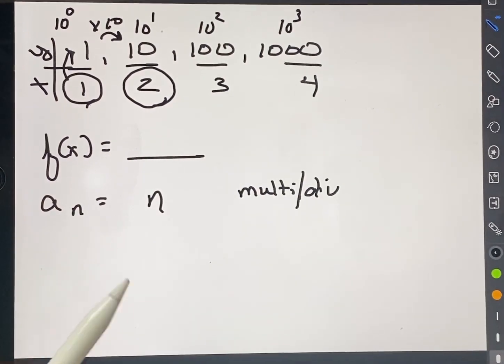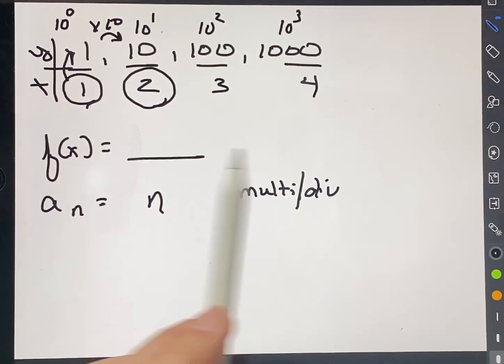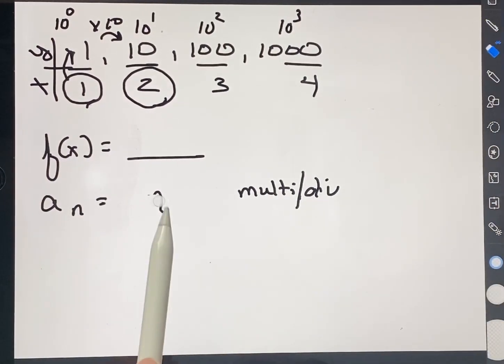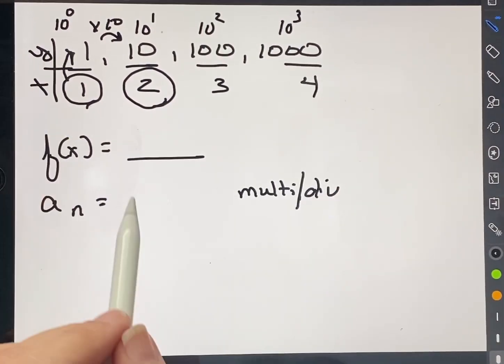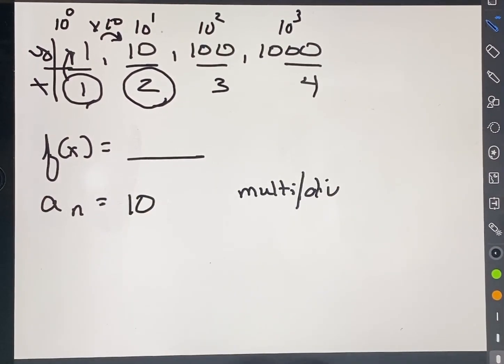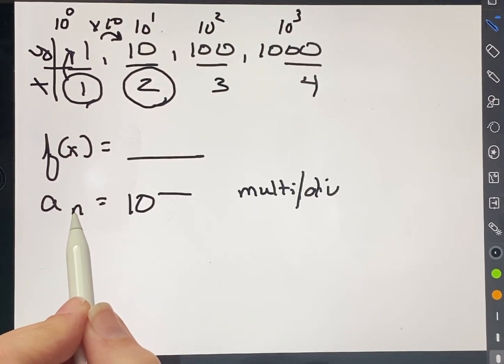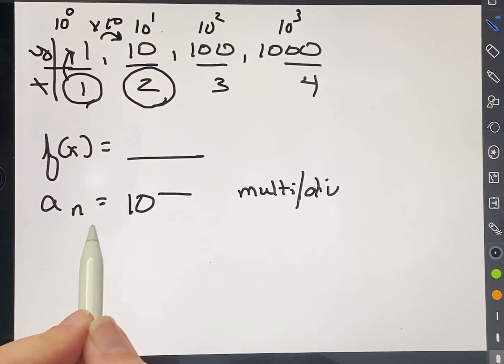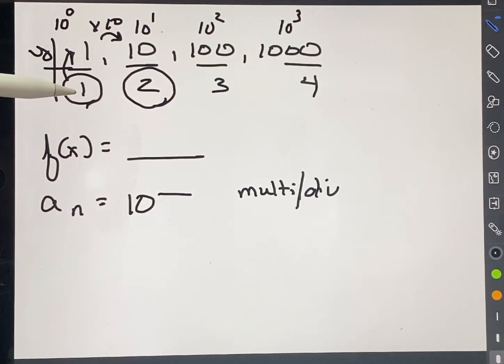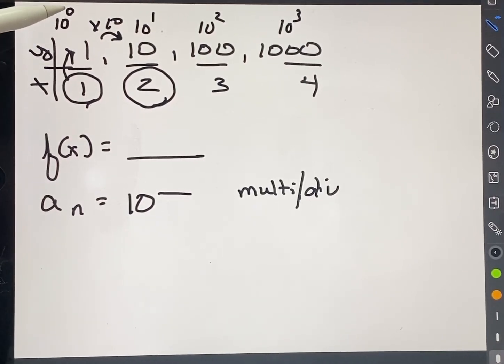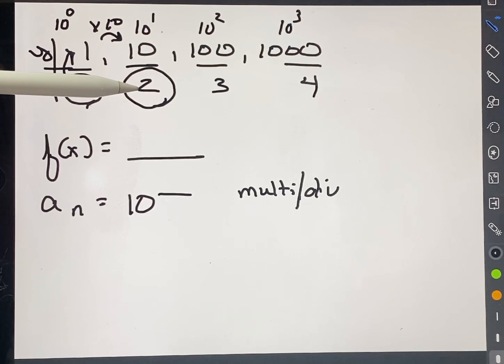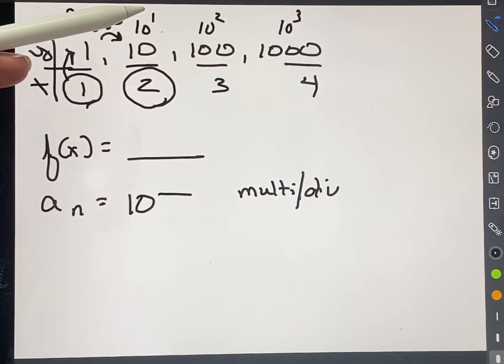So now that we have rewritten them, we can say that our expression is some base 10 raised to some power. Can we write the power in terms of our n value? Well, here my n is 1, but my exponent is 0. My n is 2, but my exponent is 1.